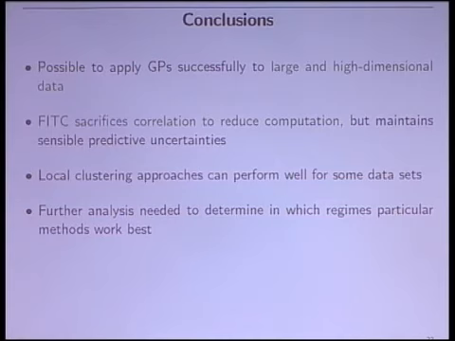One is the FITSI approach, which basically sacrifices correlation to reduce computation, but it still maintains sensible predictive uncertainties. And the other is a local regression type approach, which actually can perform very well for some data sets. So it's important to identify which regime you're in to know which method to use.